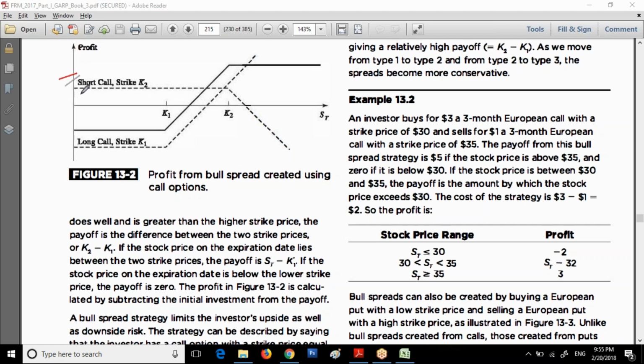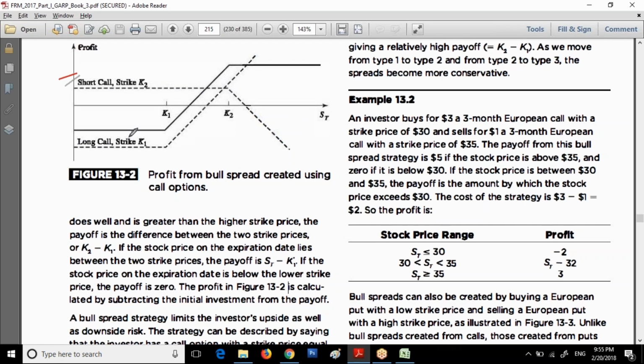So this is the short call strike price. Here you can see the dotted line. It shows that you have limited profit if the price goes down and unlimited loss if the price goes up. So this is the payoff for a short call.